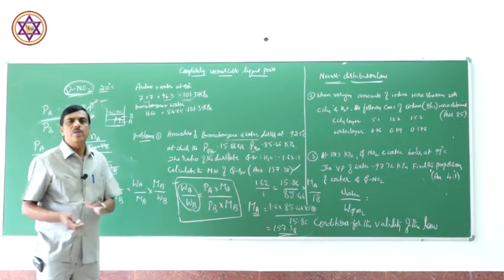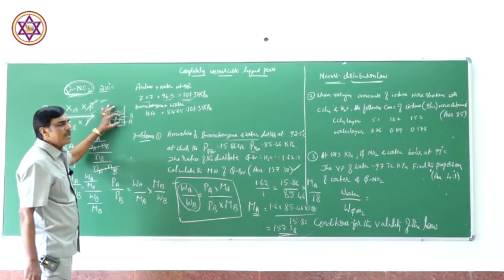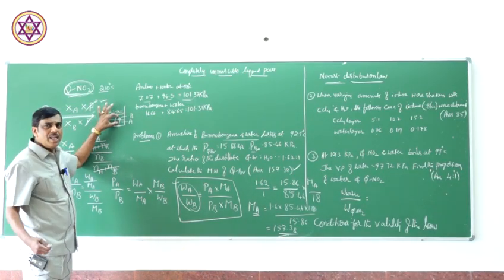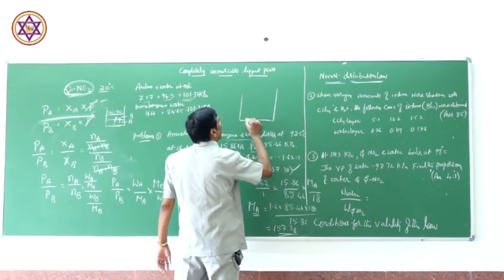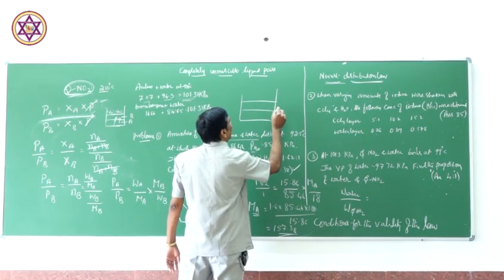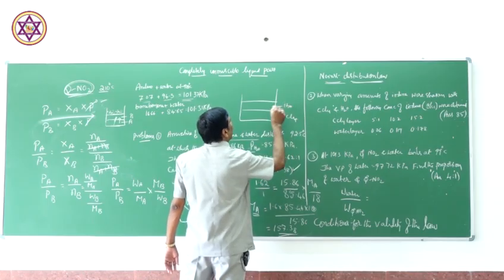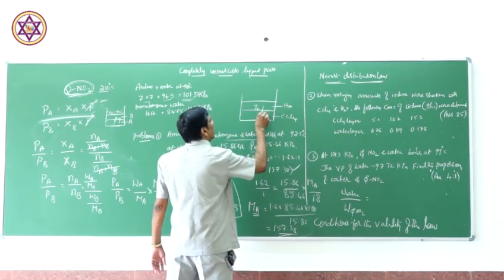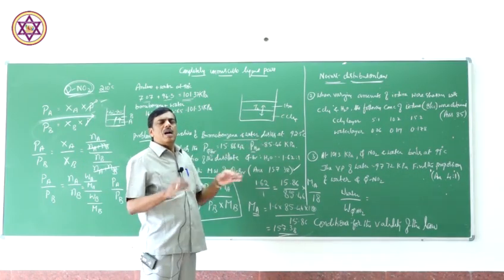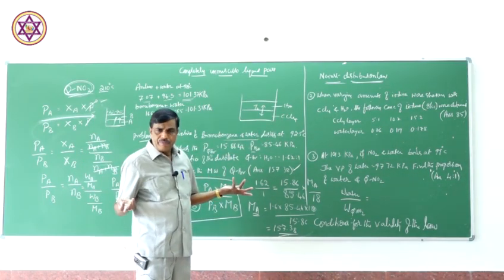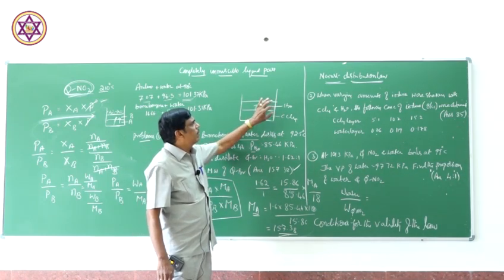For example, if you dissolve iodine in carbon tetrachloride and water, which are completely immiscible liquid pairs, iodine is soluble in both water and carbon tetrachloride, but the degree of solubility is different.